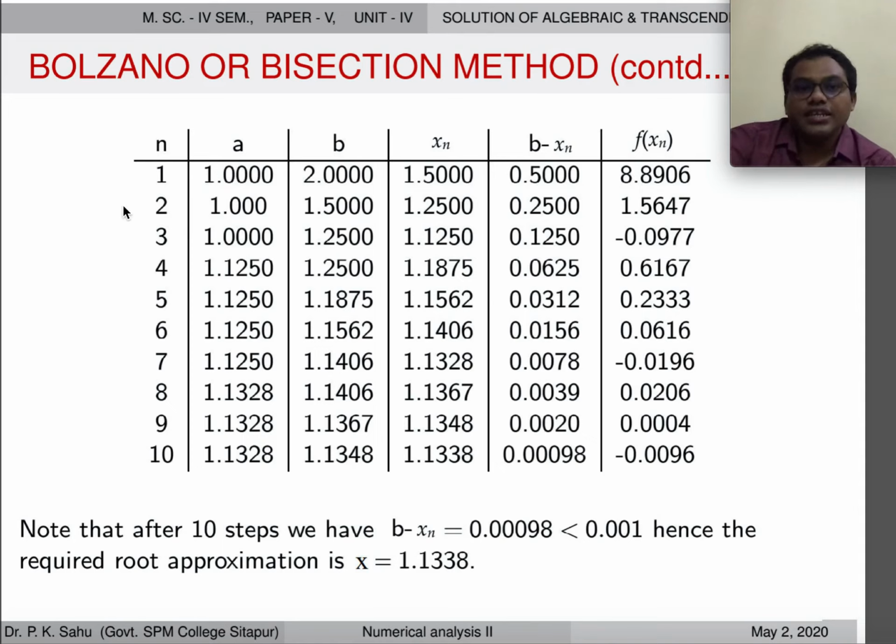Then in the next step our interval is 1 and 1.5, and so on we proceed. After the 10th step we have b minus x_n less than 0.00098, which is less than 0.001. Hence the required root approximation is x equal to 1.1338. This is the approximate root of the given equation within the desired accuracy.